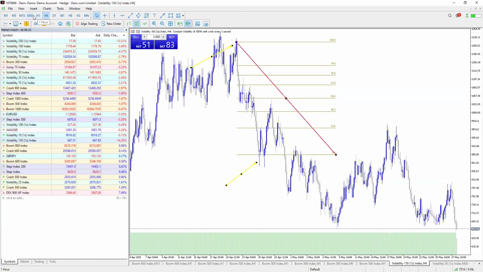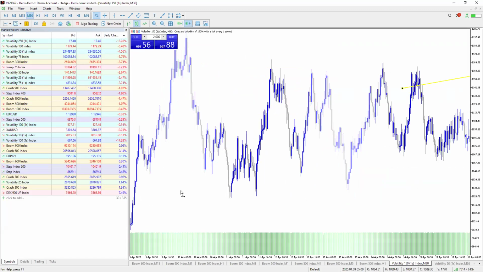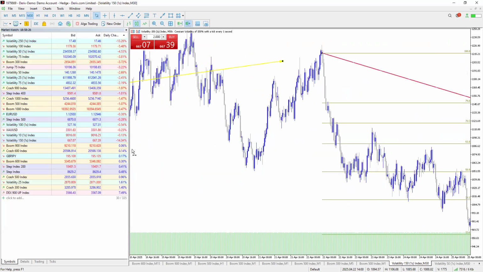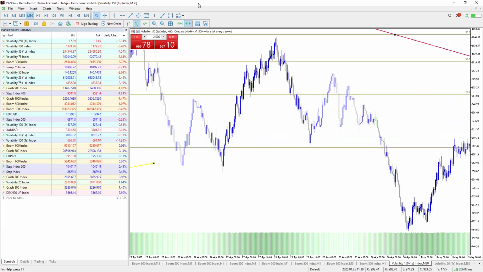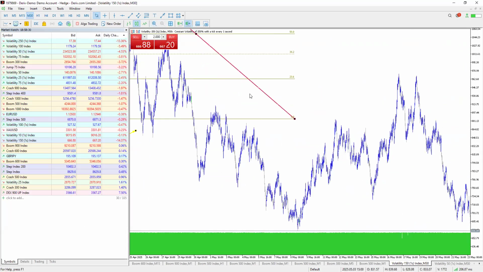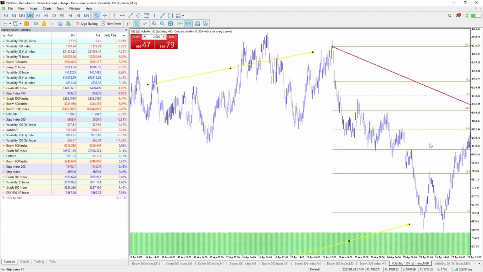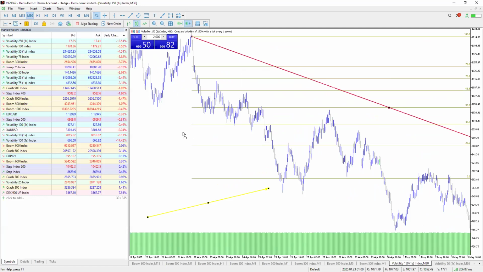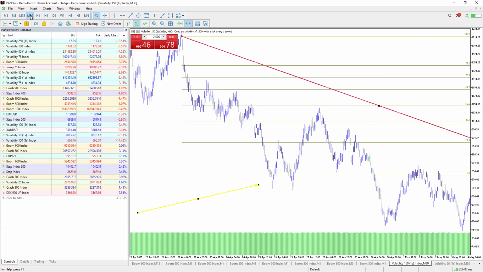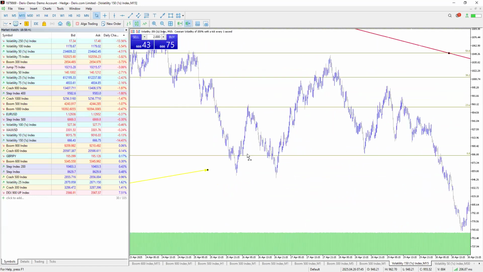Now, if you move from H4 going into M30, let's try to locate that point. What do you see in that M30? Okay, where is that point exactly? All right, it's here. What do you see in M30? In M30, it's kind of noise. You can't really see anything. Let's go in M15, which is the last time frame that I'll try to use. Now, what you see in M15?